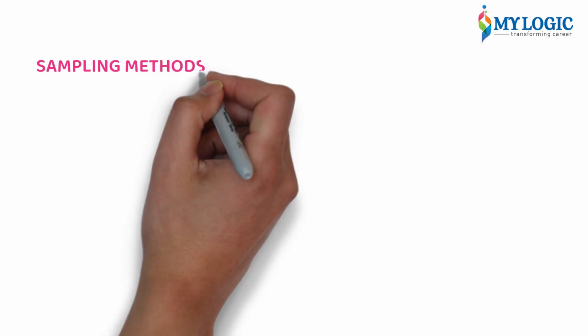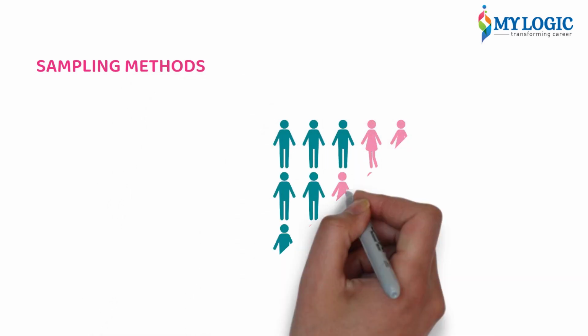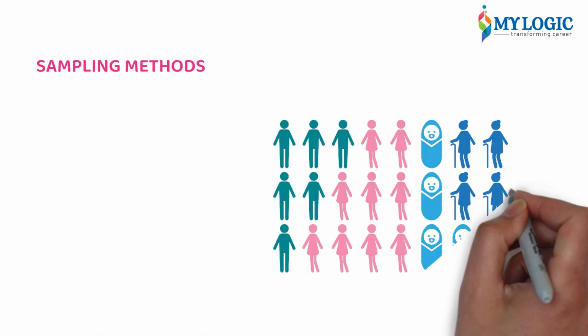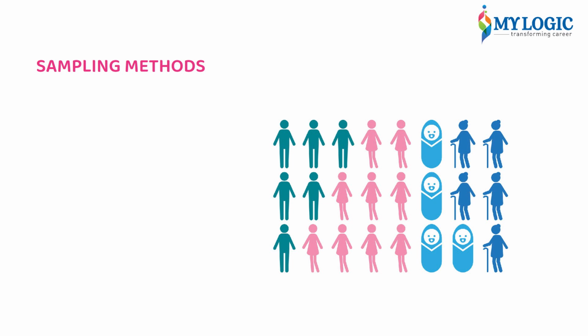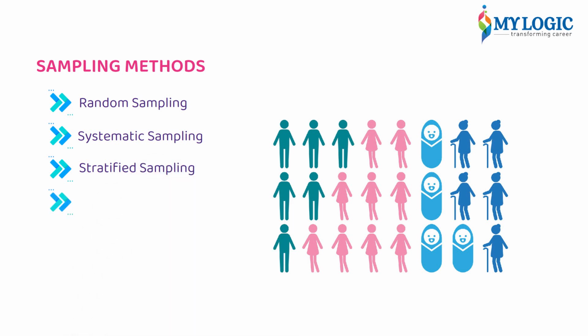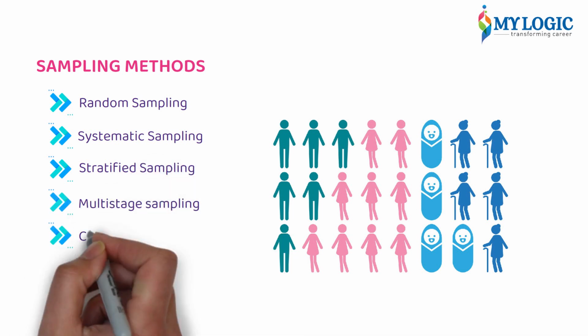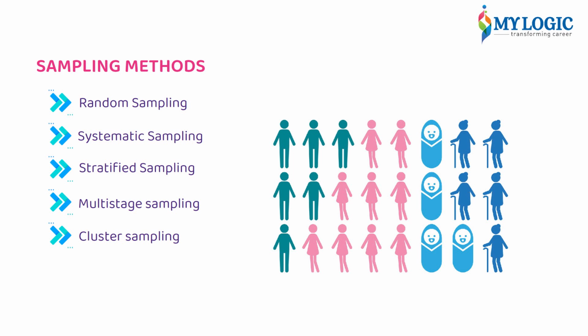Sampling methods. Let us look into the different methods through which a sample can be obtained: random sampling, systematic sampling, stratified sampling, multi-stage sampling, cluster sampling.